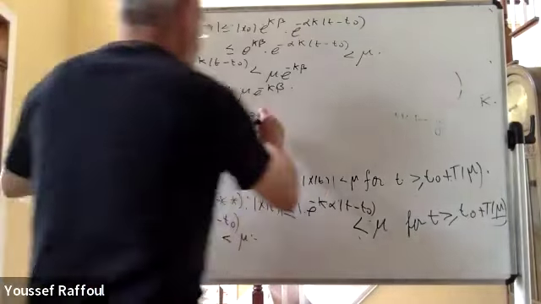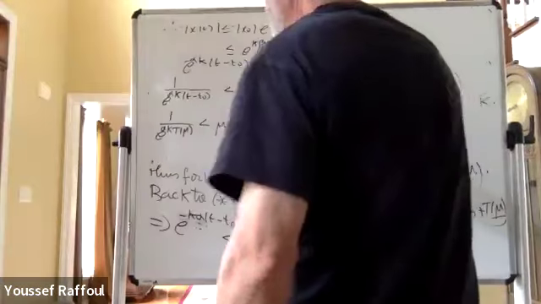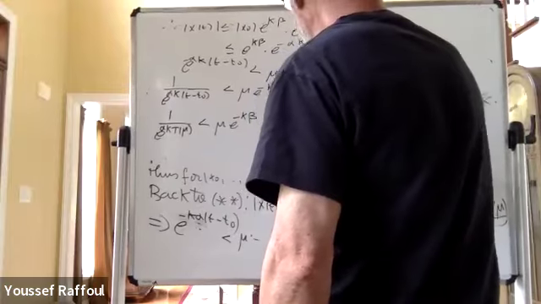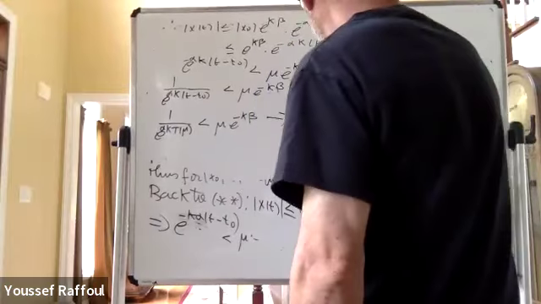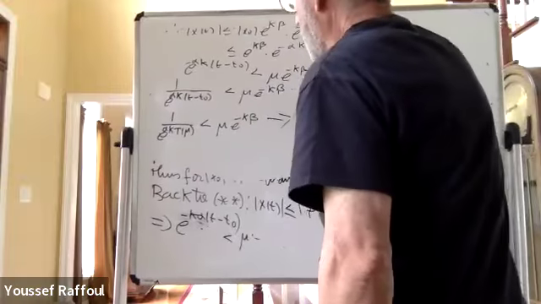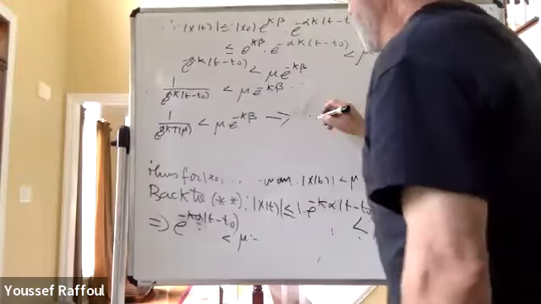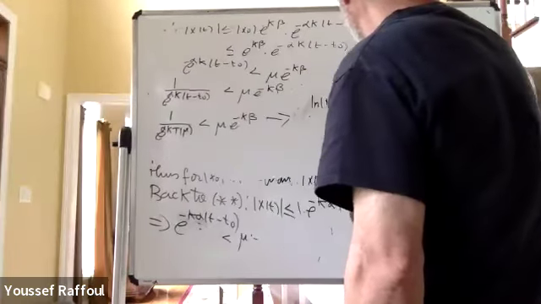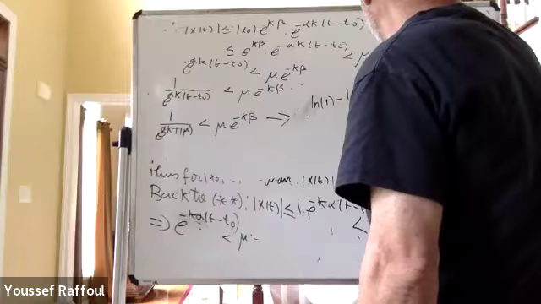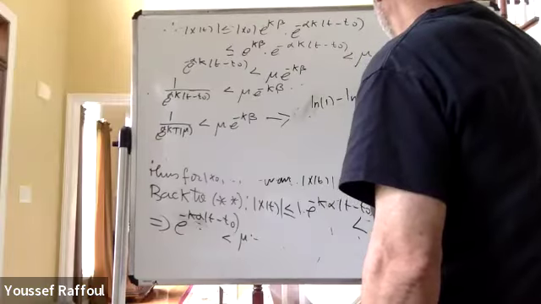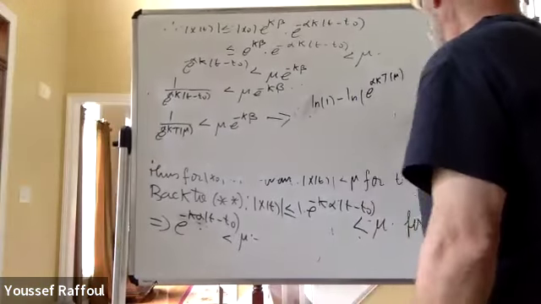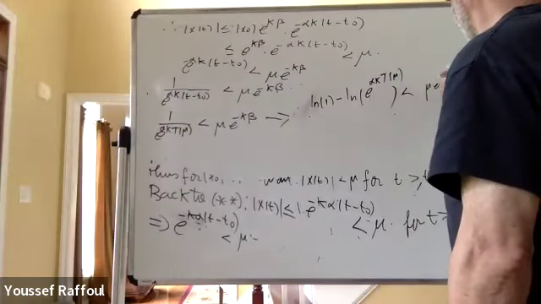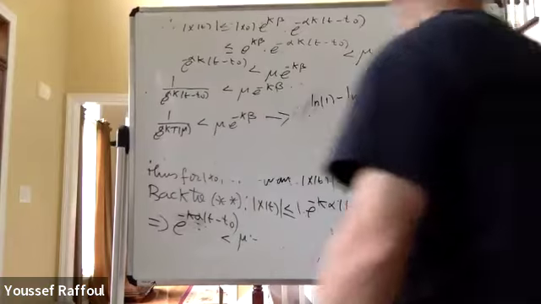So now take the logarithm on both sides. Sorry, take ln on both sides. So we have ln of 1 minus ln of e to the alpha k t mu is less than ln of mu e to the minus k beta.